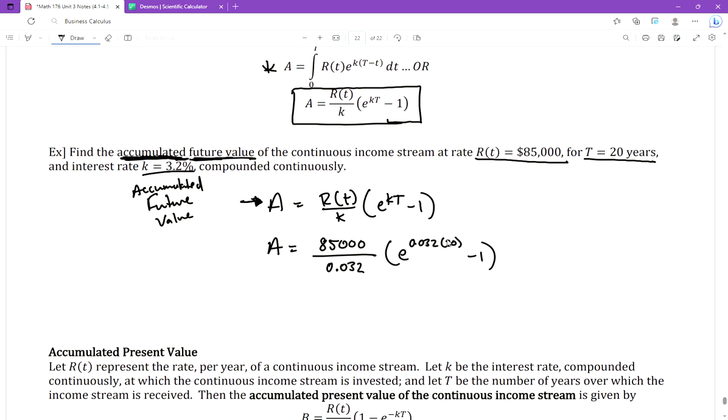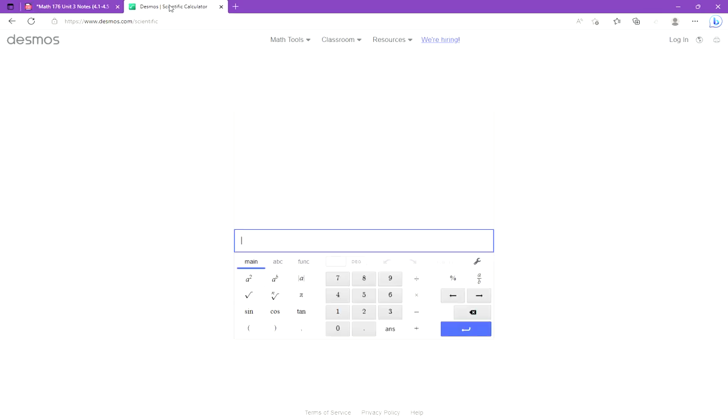As long as we type it in just like that, we'll have our final answer. So we've got 85,000 divided by 0.032, and then parentheses e to the 0.032 times 20, and then minus 1.